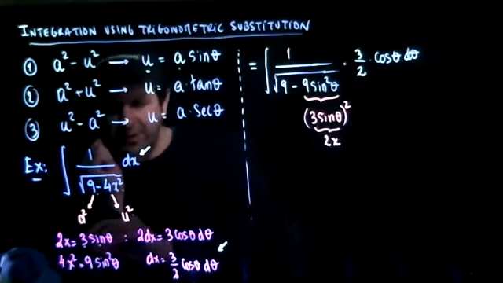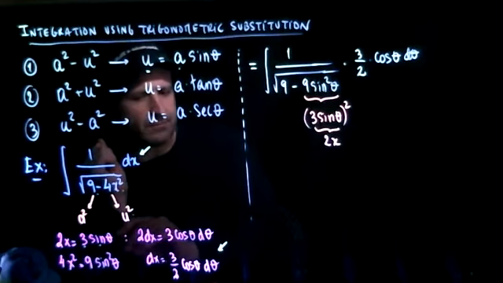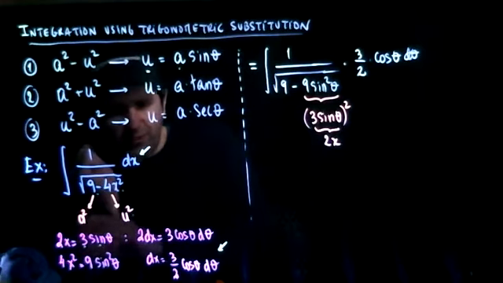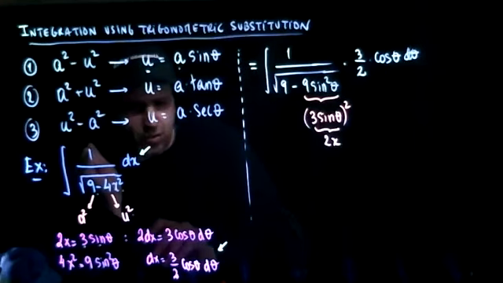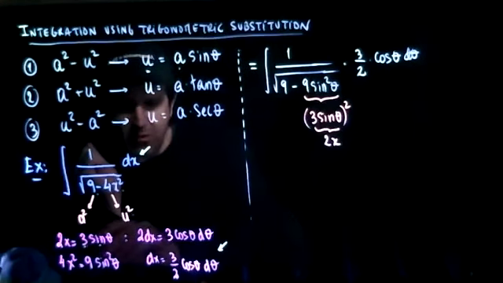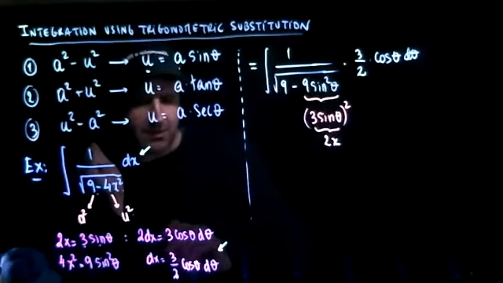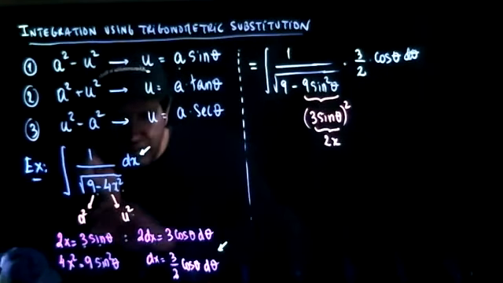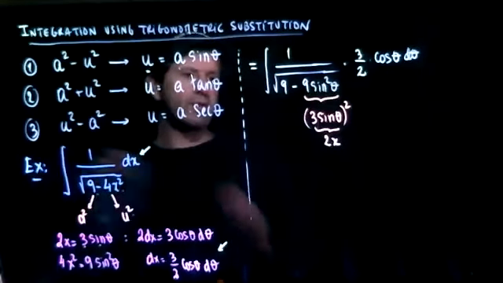Okay, so this is my substitution. 2x is 3 sine theta. Next step, I'm going to do the derivative of both sides. The derivative of 2x is 2dx equals 3 cos theta d theta. And I isolate dx, that is 3 over 2 cos theta d theta. Any questions on what's in pink here on the bottom, on the substitution? Any question there before I advance?